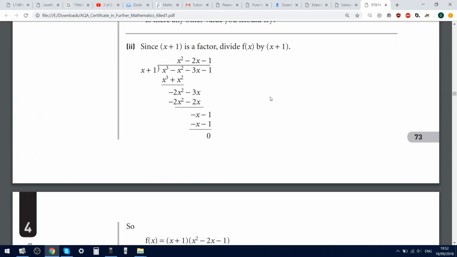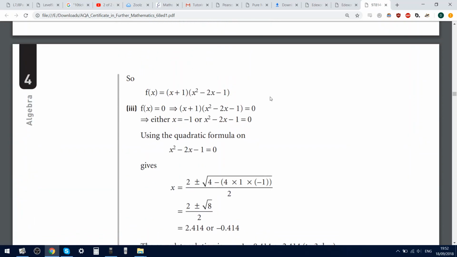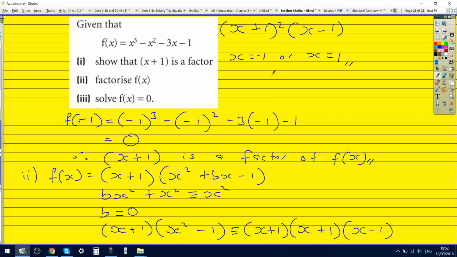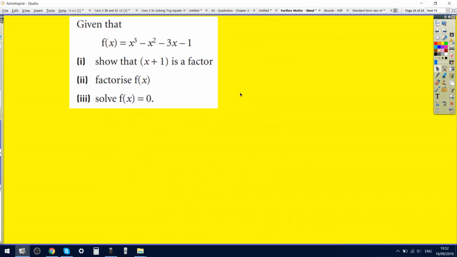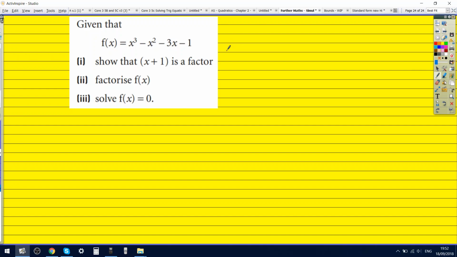They got minus 2x for the x squared. How did they get minus 2x? We must have gone wrong somewhere. When we factorize out x plus 1, the other one is x squared plus bx minus 1.